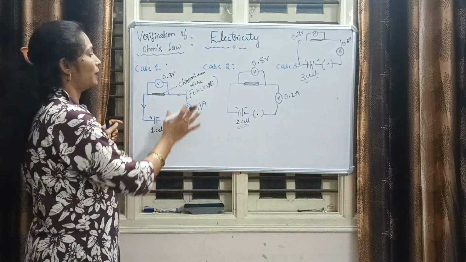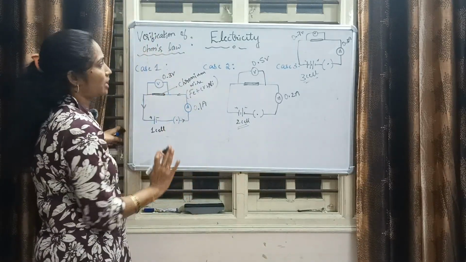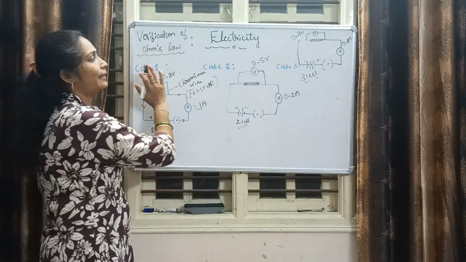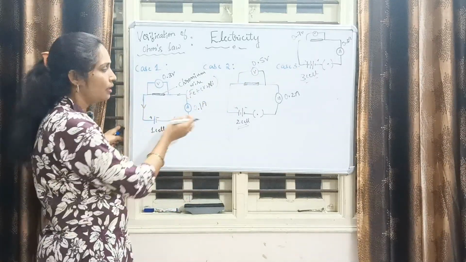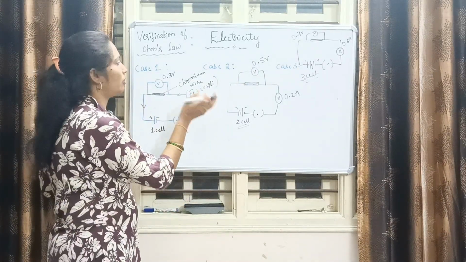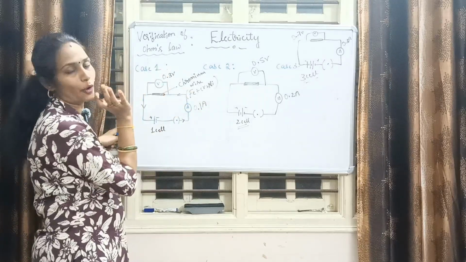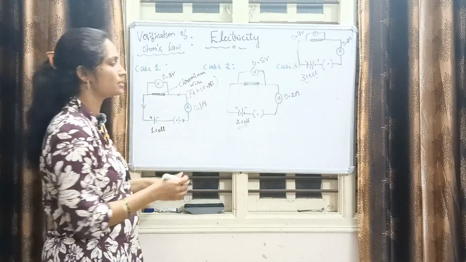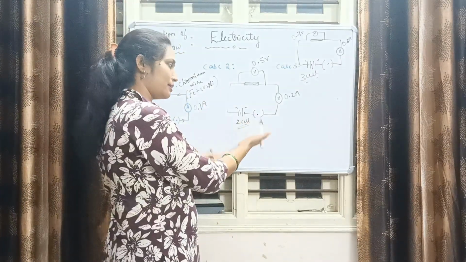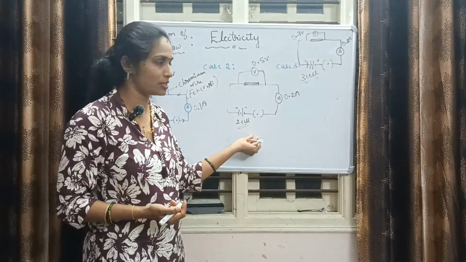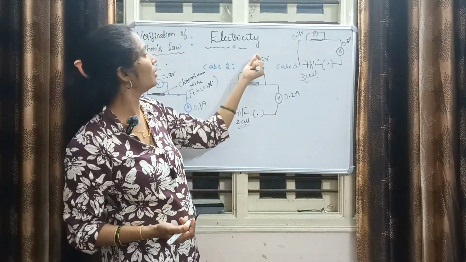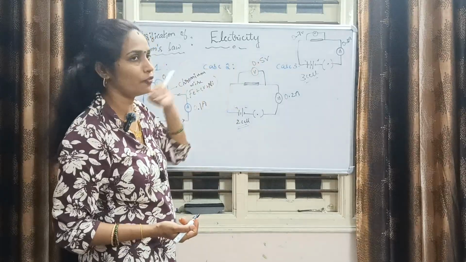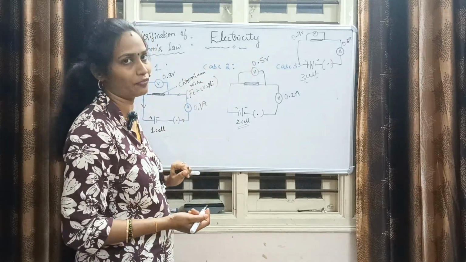Let me explain one more time. For the verification of Ohm's law, I had taken 3 cases. In my first case, I had taken only 1 cell, which has 0.1 ampere of current and 0.3 volt of potential difference. In the second case, I had taken 2 cells. There is an increase of current, that is 0.2 ampere, and an increase of potential difference also, 0.5 volt.